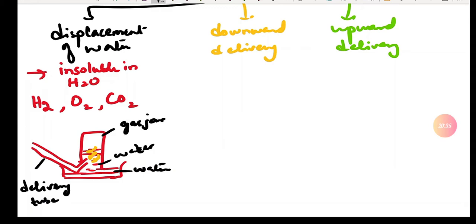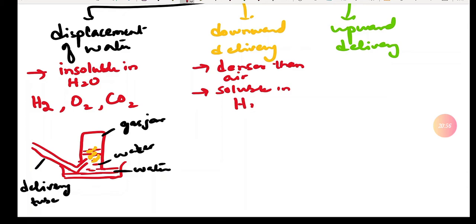Okay, let's talk about the other, the downward delivery method. It is for those gases which are denser than air and they are soluble in water. Soluble in water means you cannot use the previous method if a gas is soluble in water.